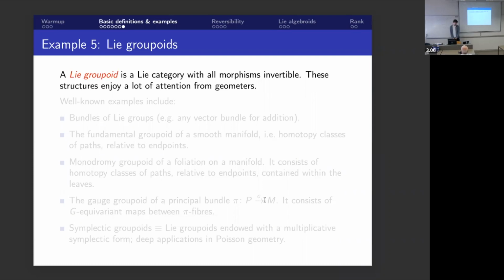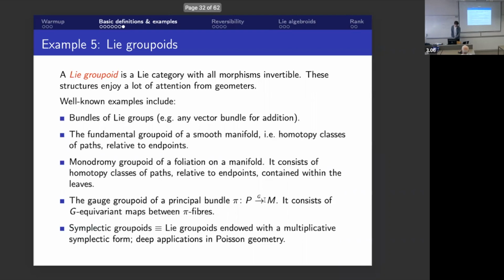Lie groupoids are very popular to research nowadays. And let us briefly mention a few examples. So we have the example of a bundle of Lie groups, which is just as before, a bundle of Lie monoids, but now everything is invertible. And I've already mentioned the example, right? Vector bundles for addition.